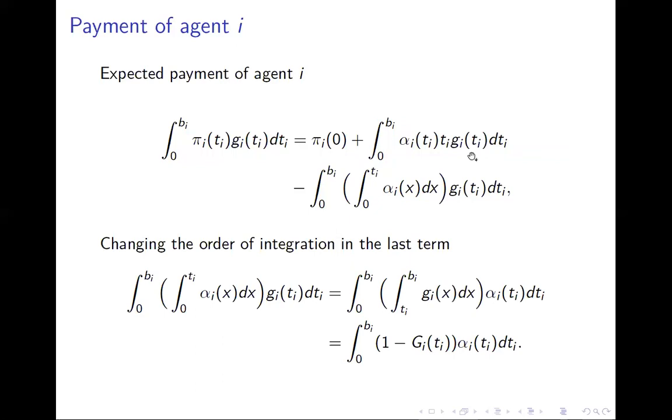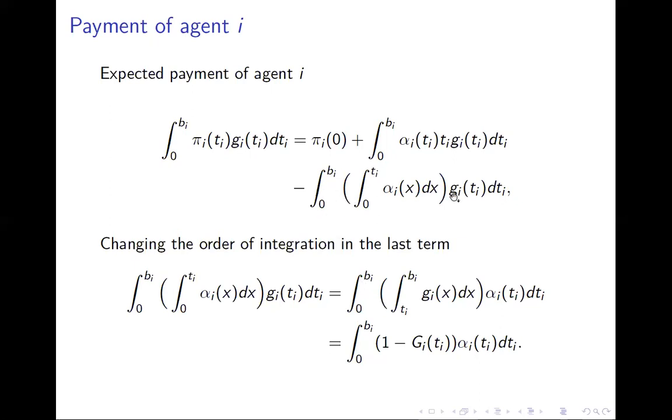Then I'm going to take the third term, which has a double integral, and change the order of integration. This is the only trick here: because the outer integral has this g_i term, if we integrate that first, we can write it in terms of the CDF. That's the reason we flip the order of integration. How do we flip it? You need to think a little, because the limits of integration will change.